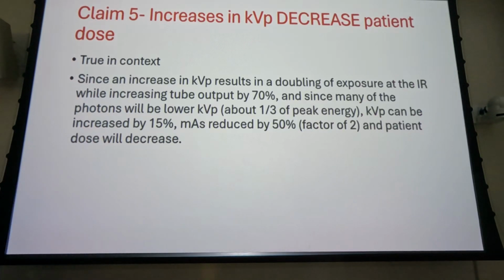Okay? So how do we get to that? Well, a couple of different ways. One is if you're setting a technique, if you're doing portables, you just directly set it, right? Increase your kVp by 15%. Do the math in your head, you get close and it's going to be fine. And if you have a hard time with percentages, sometimes it's easier to just take 10%, right? So what is 10% of 70? 7, right?